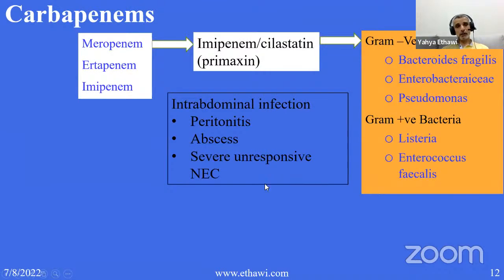Now we will talk about the carbapenems. Examples are meropenem, ertapenem, and imipenem. Sometimes imipenem is combined with cilastatin.